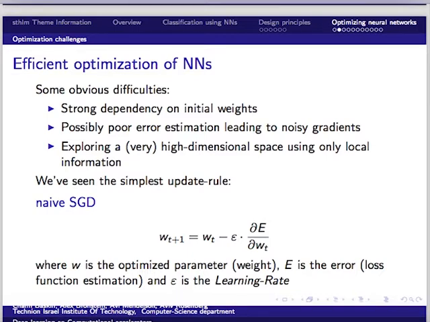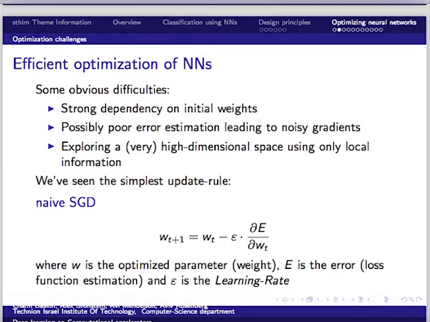So, efficient optimization of neural networks. Some of the obvious difficulties: we have a strong dependence on initial weights. When we are starting, we initialize our weights, and we are landing on some surface. If we are landing in a bad place, it will be very hard for us to reach our global minima. Also, possibly poor estimation leading to noisy gradients.